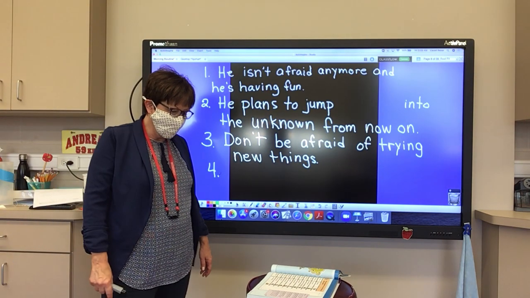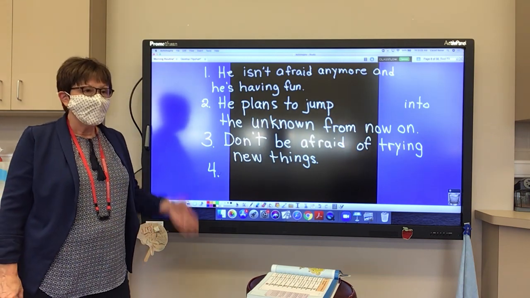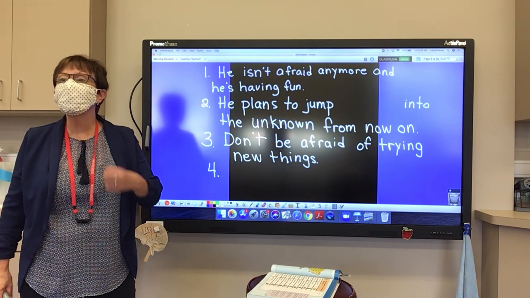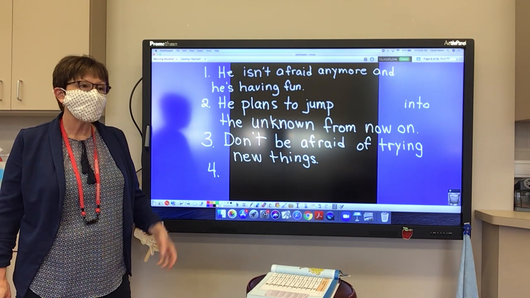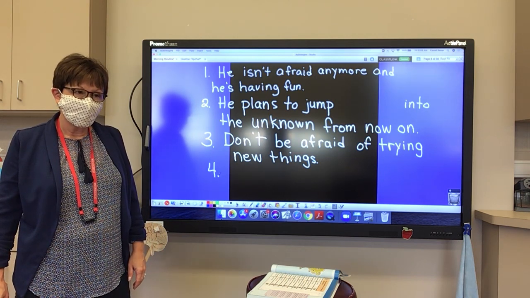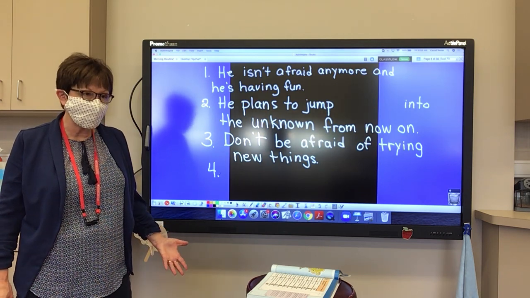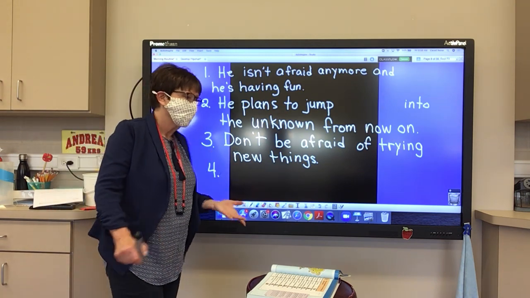Okay, so number 4. How is this theme different from the topic of the story? So what is the topic of the story? What is the story, the actual story about? Kelsey. Scaredy Squirrel. Scaredy Squirrel doing what? Trying something new. And him being what? At first he's afraid to try things. And then he tries it and he isn't afraid. Yes.